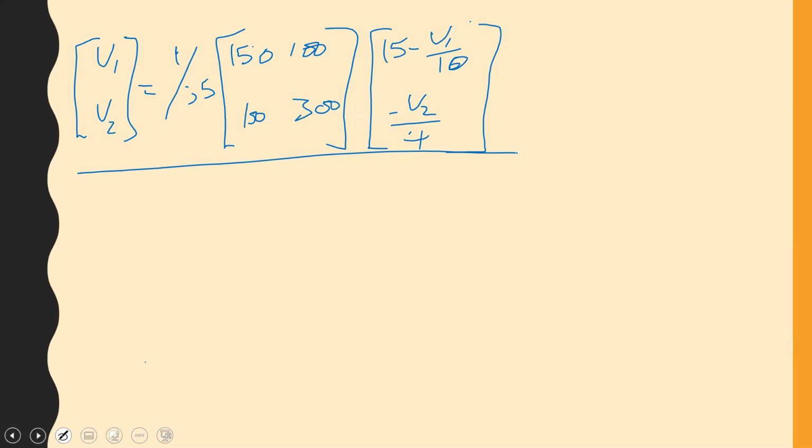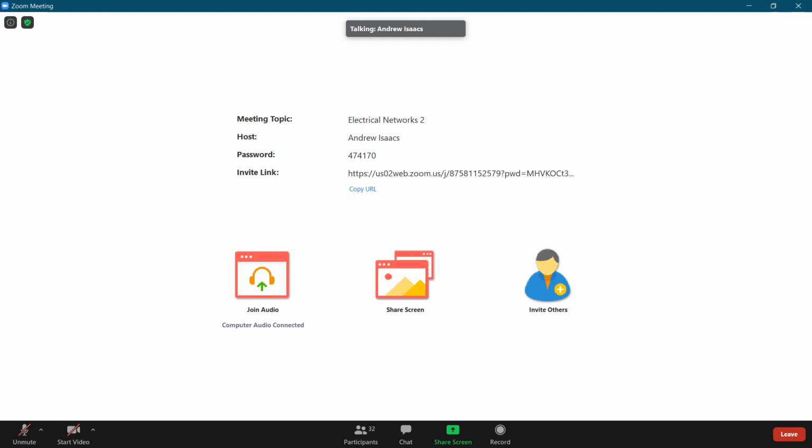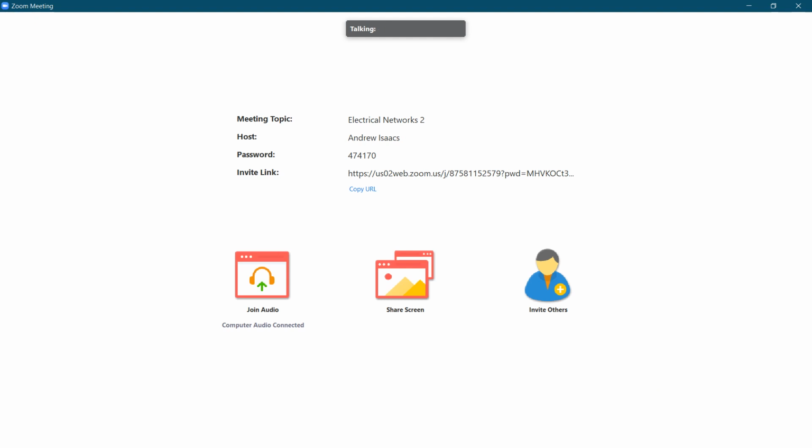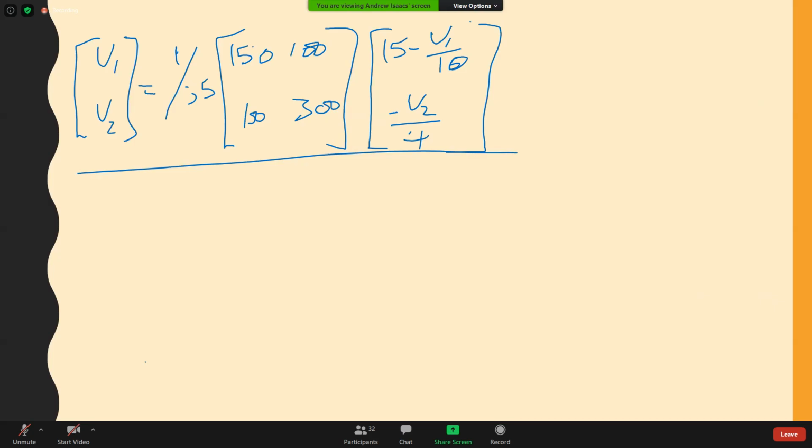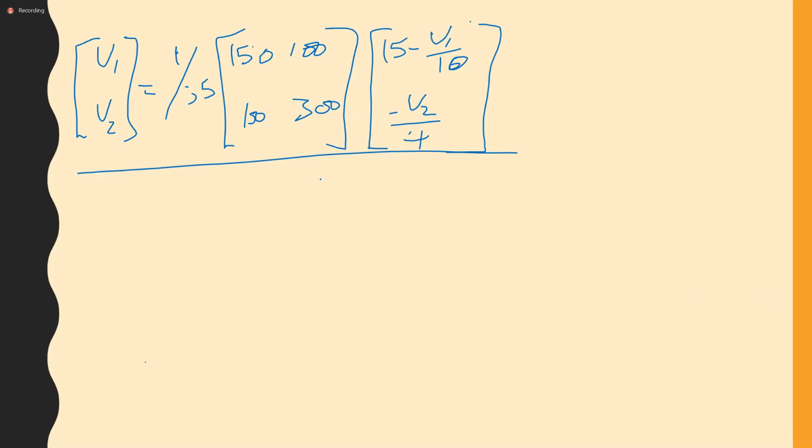So to wrap up this evening's class, we just want to make some notations, some things that you need to take careful note of.